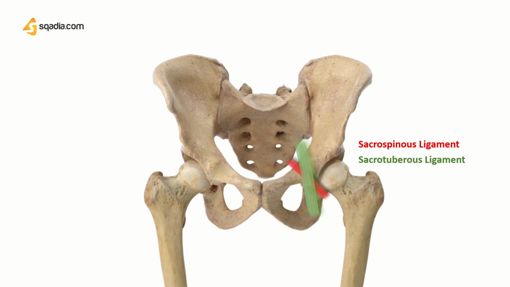Again, it is also transmitting very important neurovasculature. The lateral border gives attachment to the ischiofemoral ligament. Remember, all these ligaments provide stability to the hip joint, which is formed between the acetabulum and the femoral head, and it allows a range of motion to be performed at this hip joint.